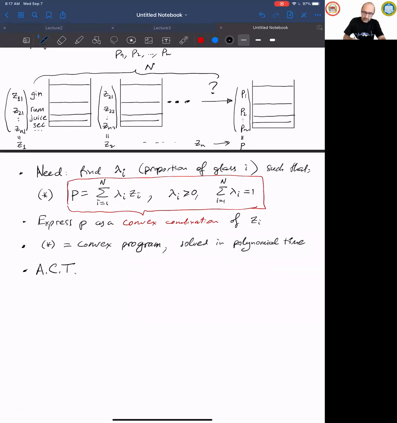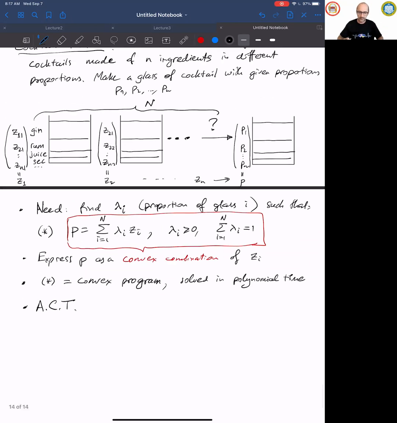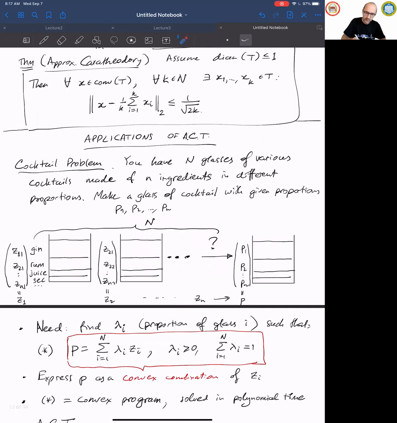But now let's look at the Approximate Carathéodory Theorem and apply that theorem instead. Let's resist the temptation to solve it as a convex program. The Approximate Carathéodory Theorem says that we have a solution for you. You don't even have to compute these proportions lambda i. They're all equal to each other, 1 over k.